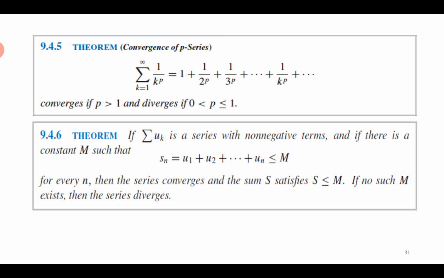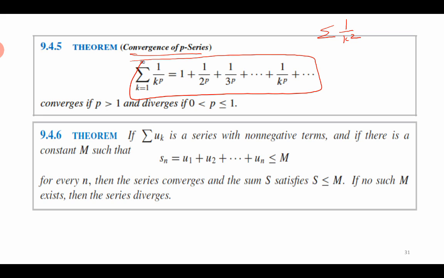That's it. Now, the p-series test. Actually, directly you can try. This result will give you a direct answer for many series. In the previous problem we have seen it was 1 over k square. The base is k, and the power of k is p, changing.